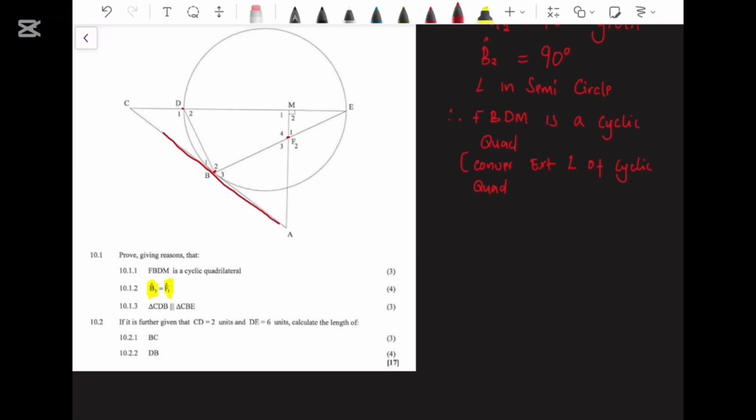So here is an angle between the tangent and the chord. If we use BE as a chord, then B3 is equal to which angle is opposite to BE? It is D2. So B3 is equal to D2. That is the tan-chord theorem.